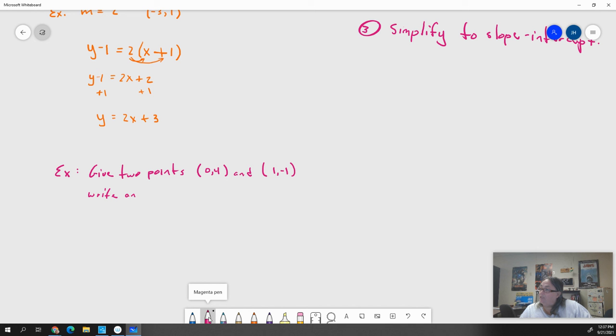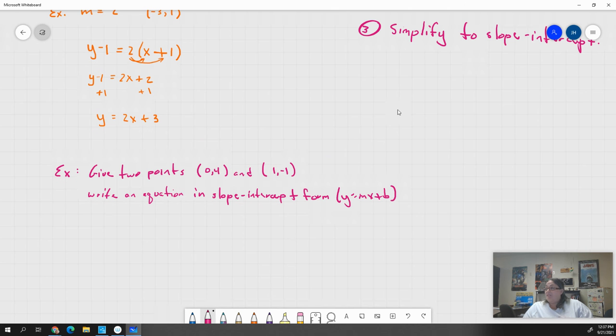Write an equation in slope-intercept form. And if you remember, that's y equals mx plus b form, right? Where do I start with this?